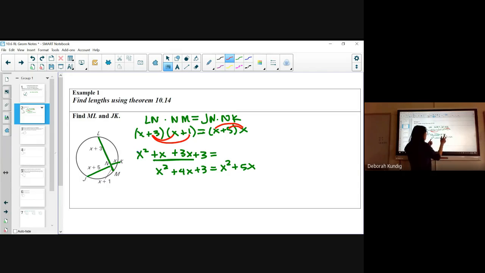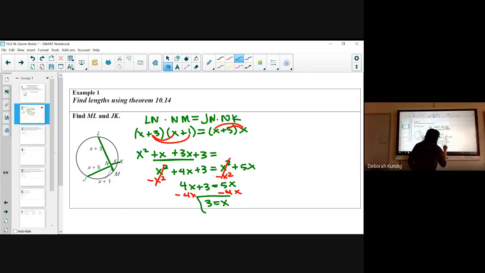When I combine my x squareds, I have to subtract from one side to put it on the other. The x squareds cancel out. That leaves me with 4x plus 3 is equal to 5x. I subtract 4x from both sides, and that means that 3 is equal to x.